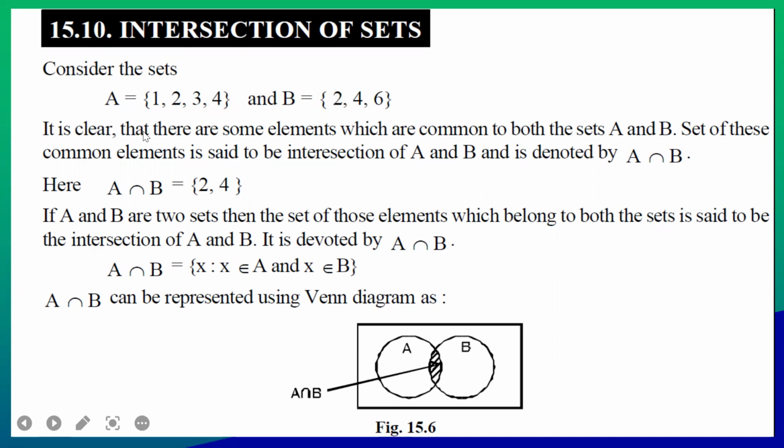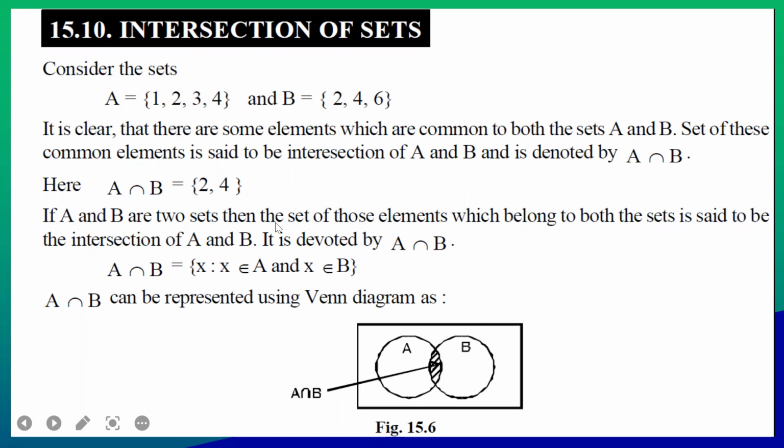It is clear that there are some elements which are common to both sets A and B. The set of those common elements is said to be the intersection of A and B and is denoted by A intersection B. Given the two sets, what are the common elements? We have 2 and 4. So A intersection B is 2 and 4.